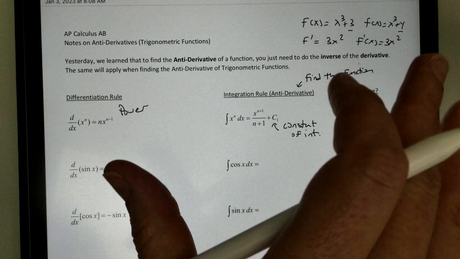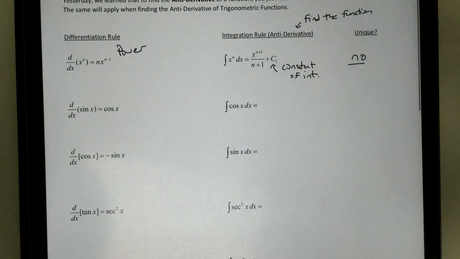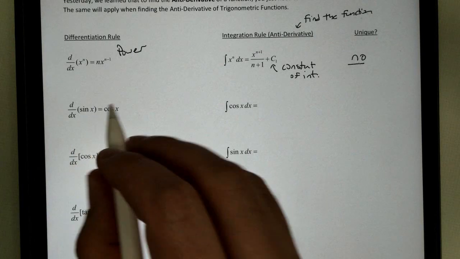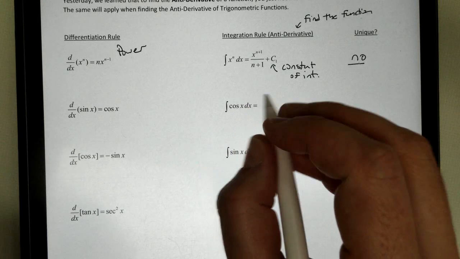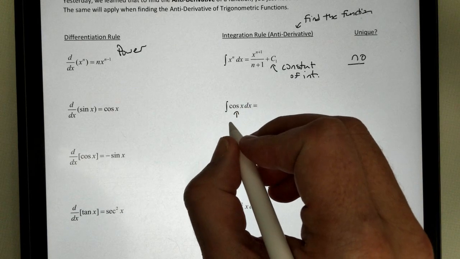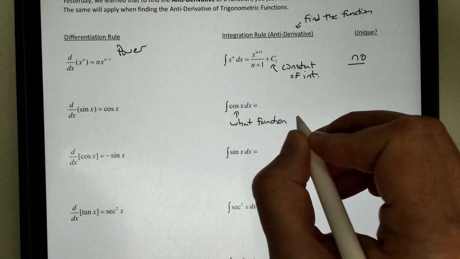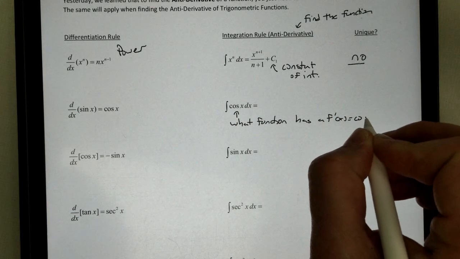Now, we can apply the same inverse rules for our trig functions. For example, we know that the derivative of sine is cosine of x. Well then, what would be the antiderivative of cosine of x? In other words, we're asking what function has a derivative of cosine of x?